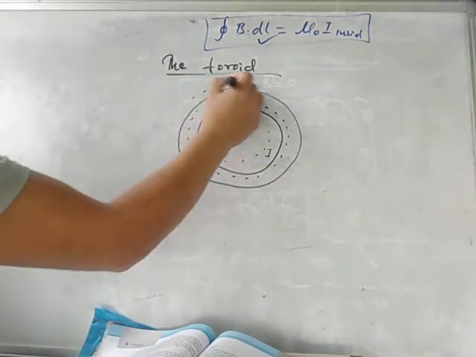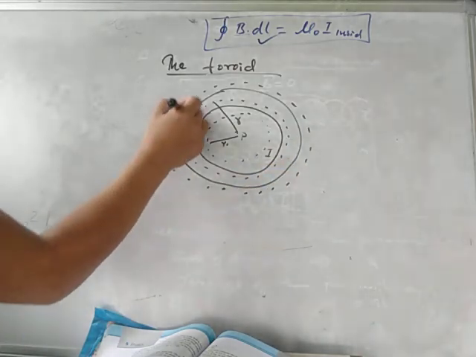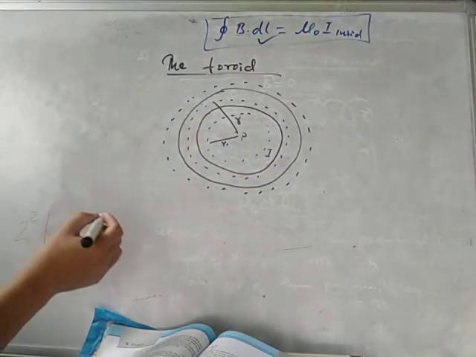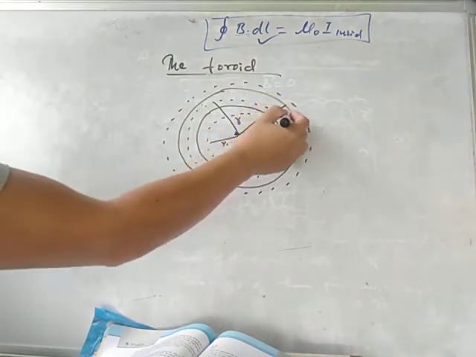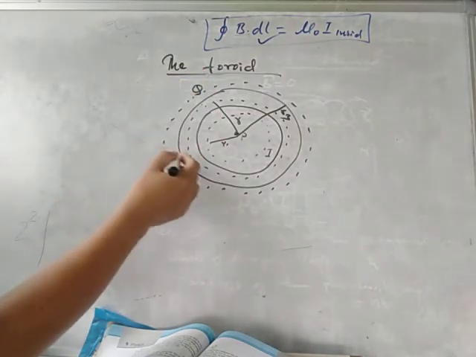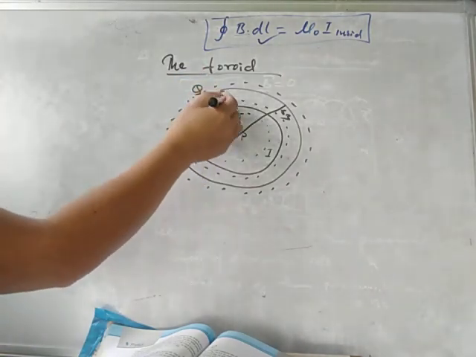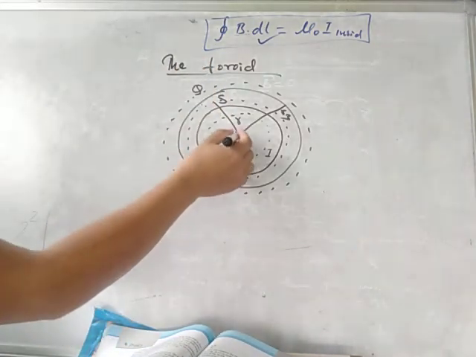And this is your third loop, the Amperian loop, the dotted one, with radius R3. So here this is point Q, this is inside the toroid, and this is P.